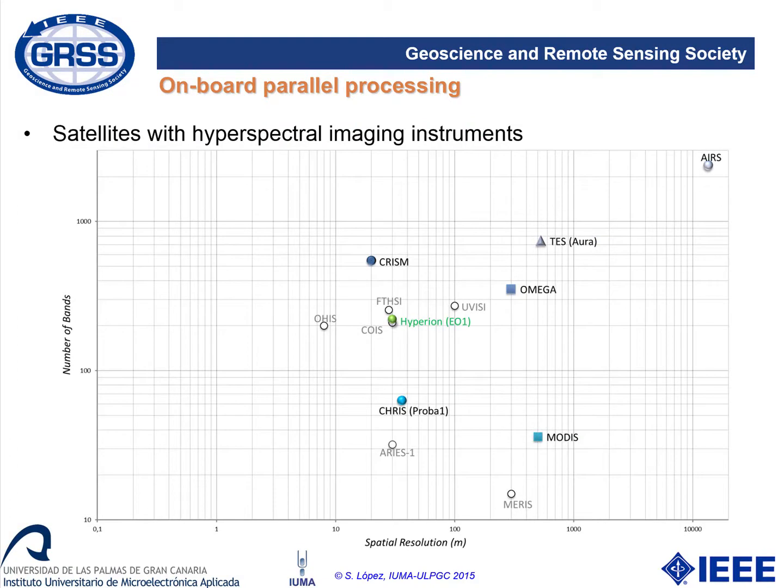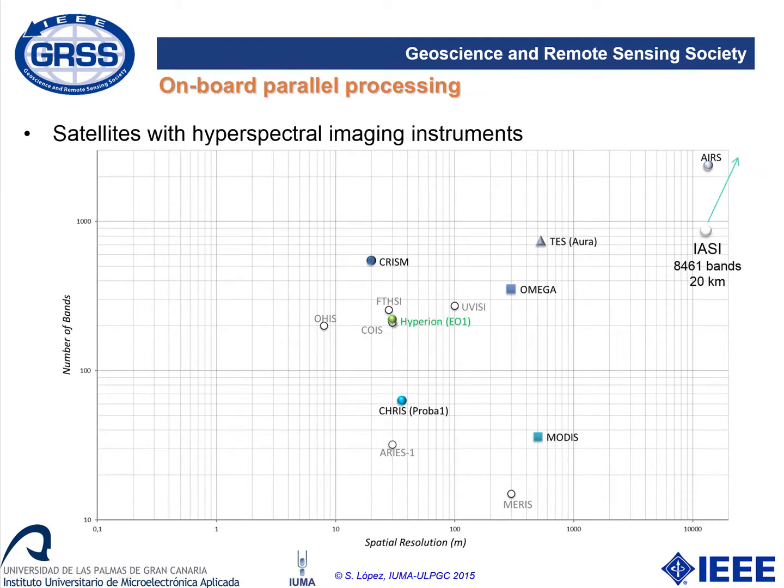So here is a graph where we summarize some satellites with hyperspectral imaging instruments that of course can benefit from these onboard processing systems. Here we have the satellites with the hyperspectral imaging instruments they are carrying, expressed in terms of the number of bands and the spatial resolution of the images.